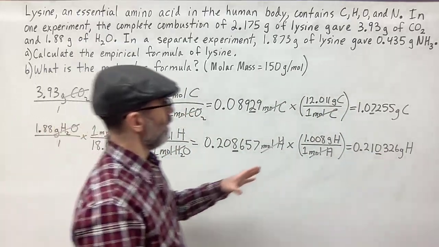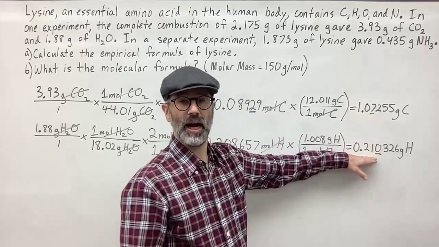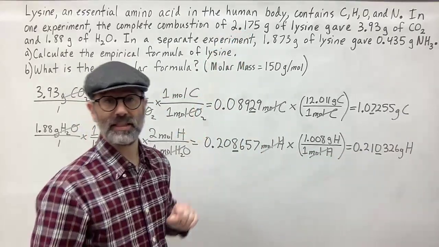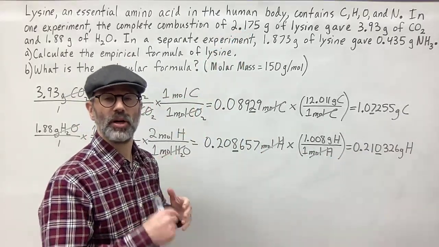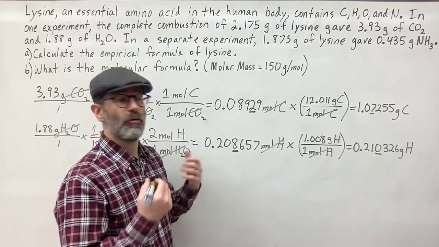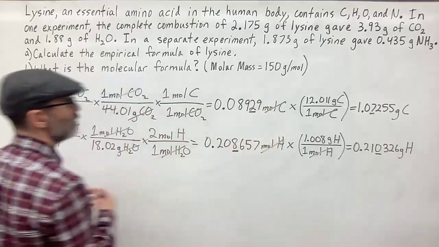Okay, so now I can subtract out the grams of carbon and hydrogen from the original amount of the lysine that I start with, and I'll have the mass of the oxygen and the nitrogen that was left over from the experiment, or from the mass of the whole.